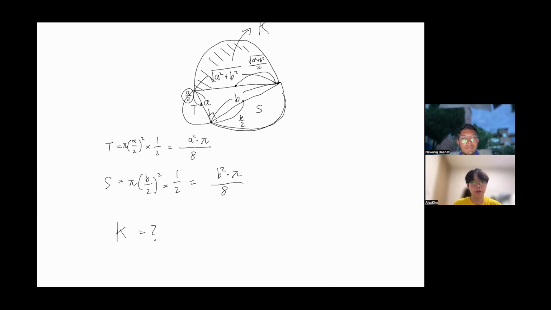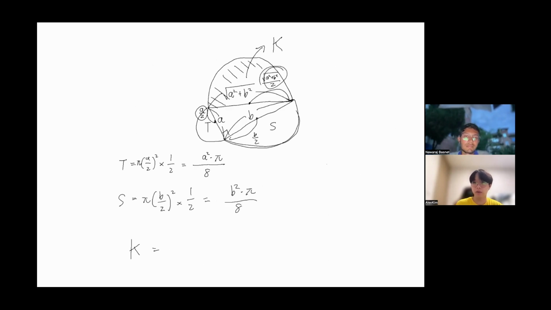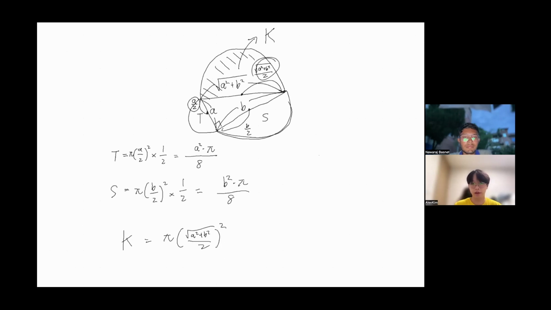The area of K can be written using the radius that we found. It'll be the whole circle, root of A squared plus B squared over 2, squared, and then halved, which will give us pi times A squared plus B squared over 8.